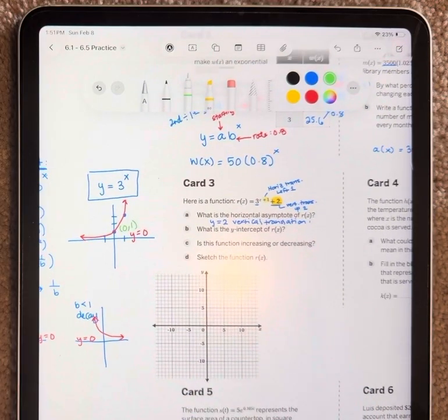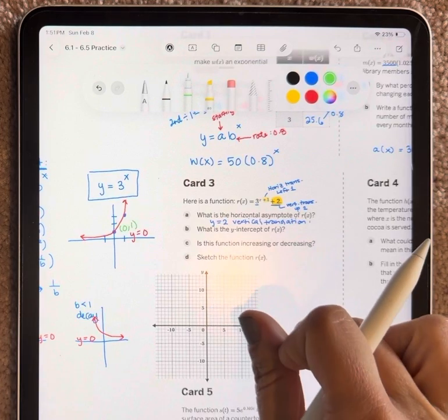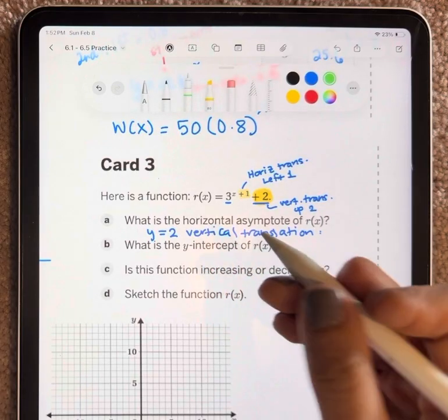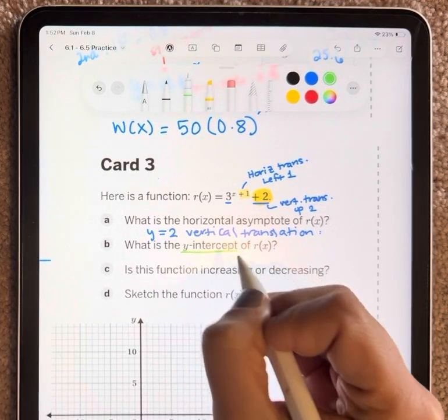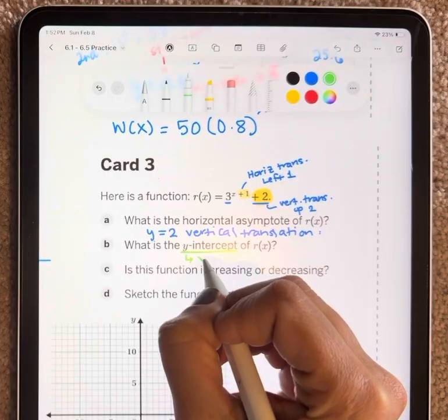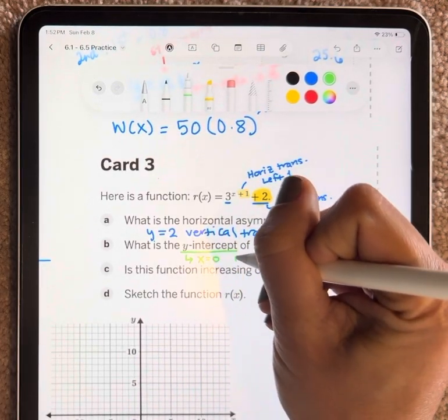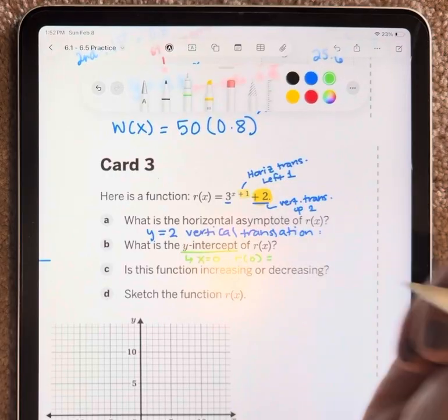But we've got some shifts happening, so things are a little different now, all right? If I want the y-intercept here, I personally think the easiest way to do it, remember that a y-intercept occurs when x equals 0. So if you just find r of 0, you'll get the y-intercept.